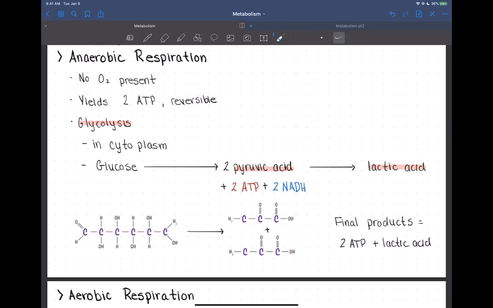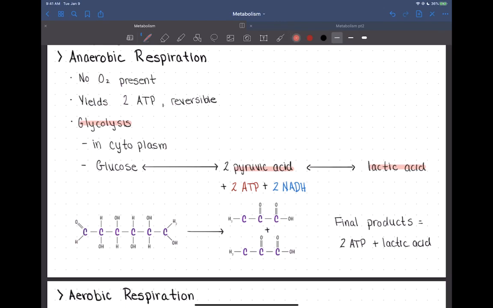Anaerobic respiration occurs when there's no oxygen present, and it yields only 2 ATP for every glucose that you put in. And this process is reversible, so to be accurate we would add double arrows on these, because it can go both directions.